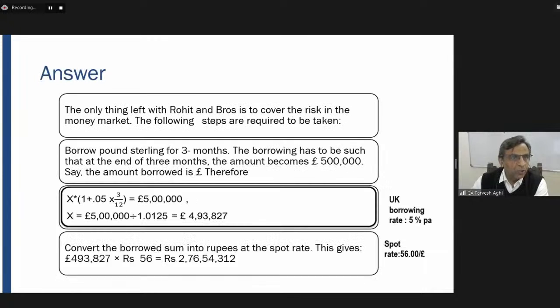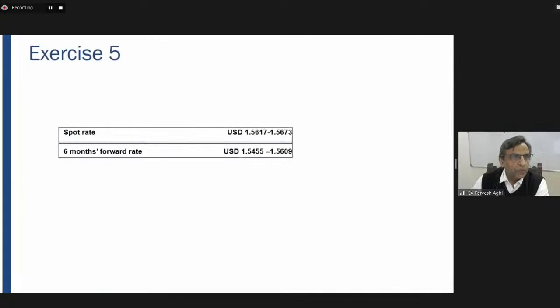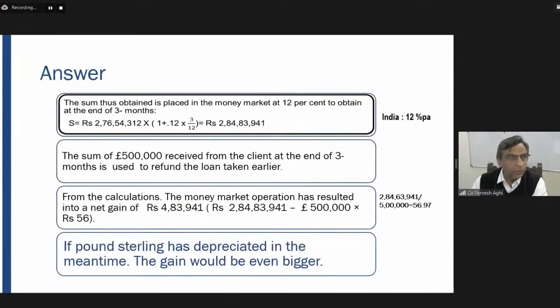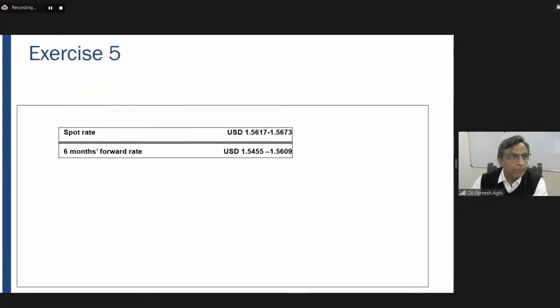Now let's do a case of imports. Okay, so this is another question now coming to you. Okay, so this is exercise number 5.